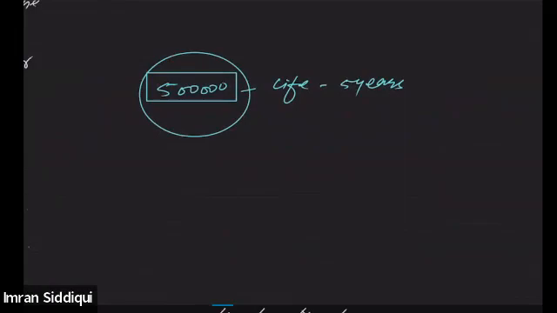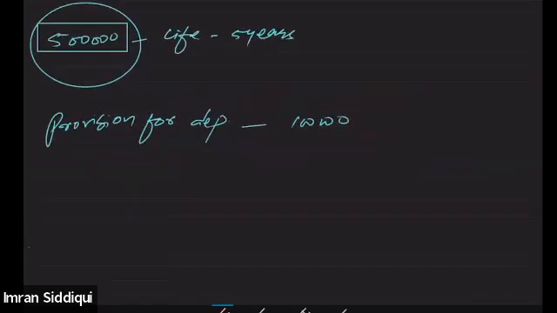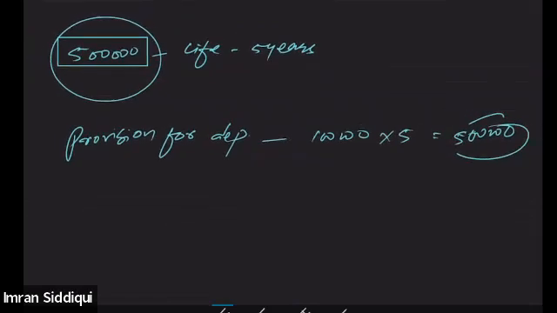Let's suppose we made a provision for depreciation of 1 lakh on an annual basis. So after 5 years, if we keep on transferring 1 lakh by the name of provision for depreciation, we have 5 lakh available, and using that amount, we will be able to purchase one more machine after the 5 year period.